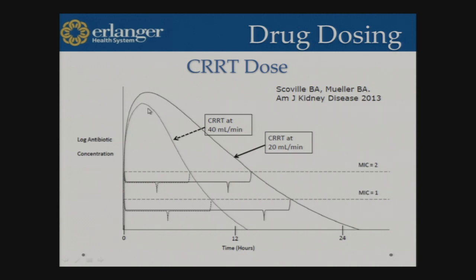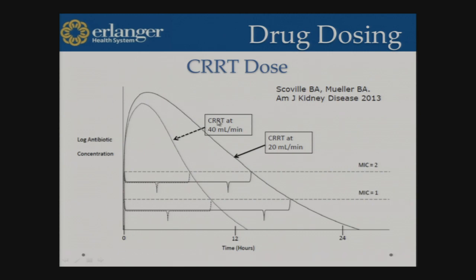You're obviously not meeting your concentration-dependent targets or your time-dependent targets. Your AUC to MIC ratio is still drastically different when you're using that higher CRT dose. So when we're talking about mortality in these patients, a lot of them will end up dying from an infection, and typically we are underdosing a lot of things, especially antibiotics.